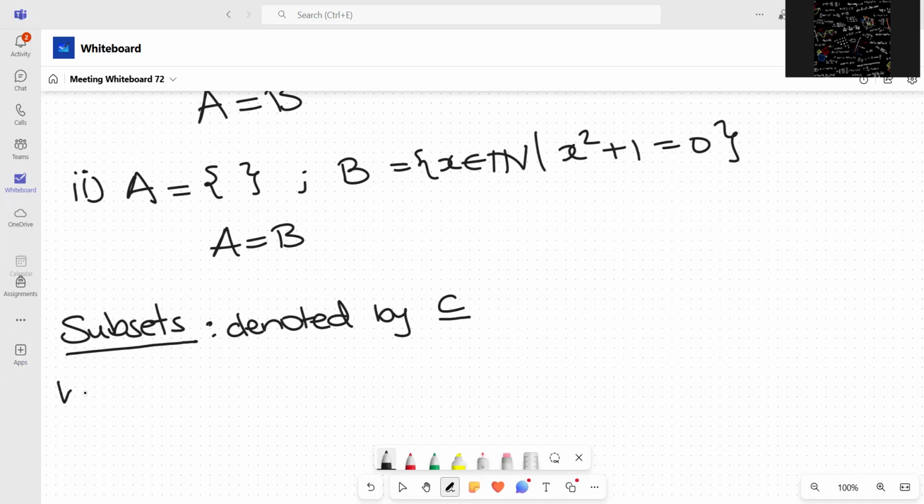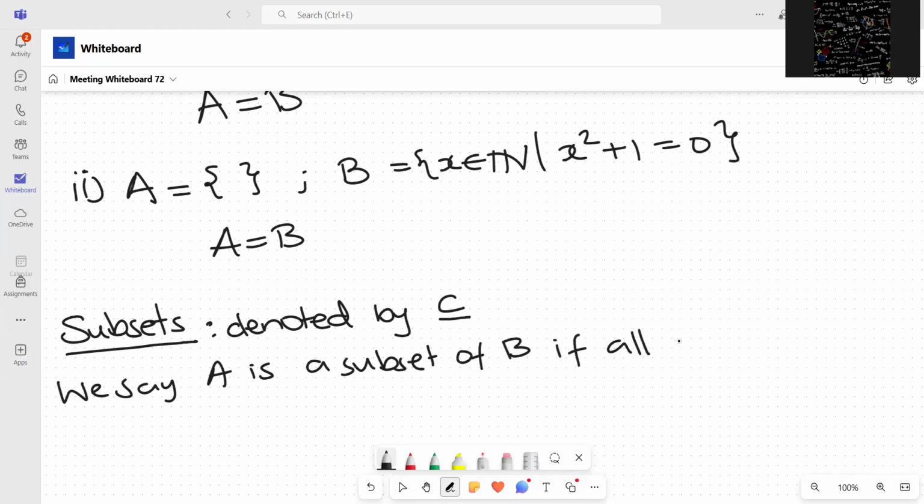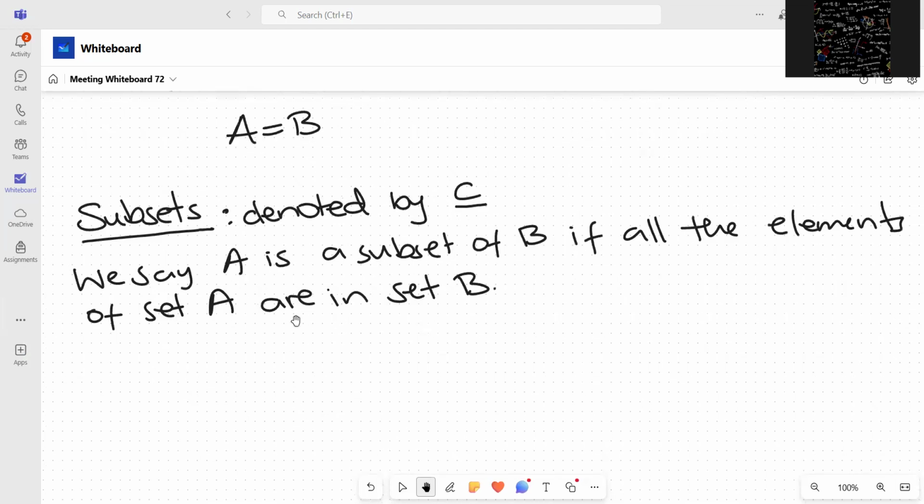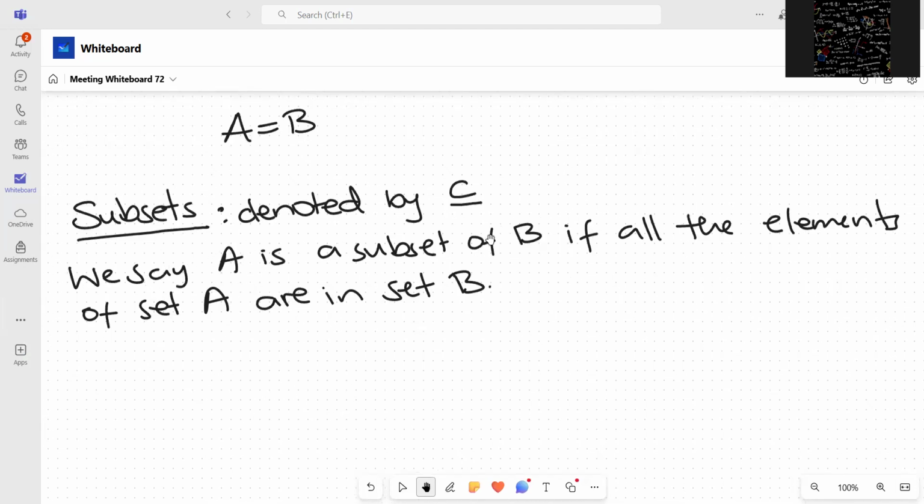And then we say A is a subset of B if all the elements of set A are in set B. Okay, so it's a subset. That means every element that is in A is also an element in B.